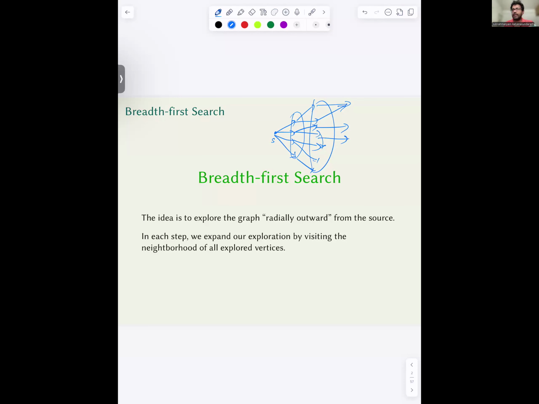You completely look at all the possibilities, then go one step and come back, one step, come back. Once you're done doing everything one step, then you take the second step from all of this, and once you do all the two-step things, then you do the third step, and so on. Do you see the difference? Your exploration happens in a significantly different way, right?